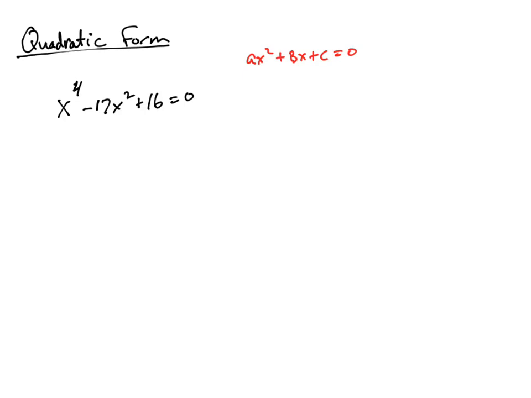However, an equation is quadratic in form when the leading degree is double the exponent on the middle term. So 4 and 2, 4 is double the 2 here, so we would say that this is quadratic in form.